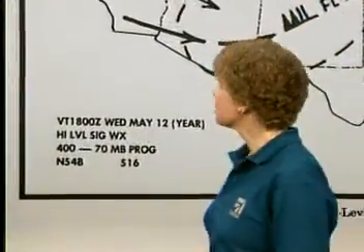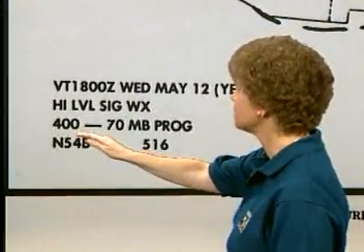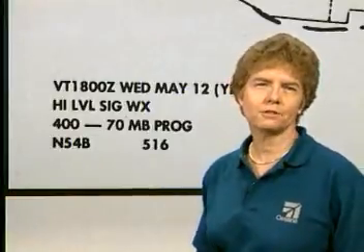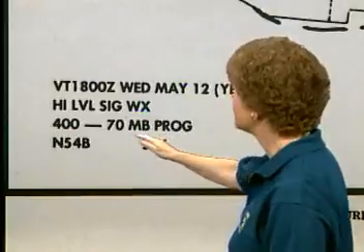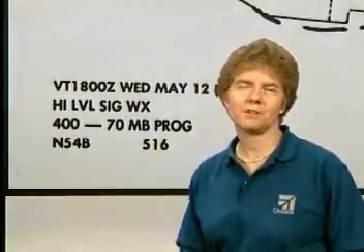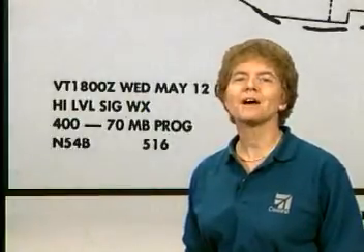As you can see in the legend in the corner, the chart begins at 400 millibars, which is 24,000 feet or flight level 240, and extends up to the 70 millibar level, which, believe it or not, is 63,000 feet or flight level 630. I haven't been up to that altitude in my Cessna Skyhawk in a long time.